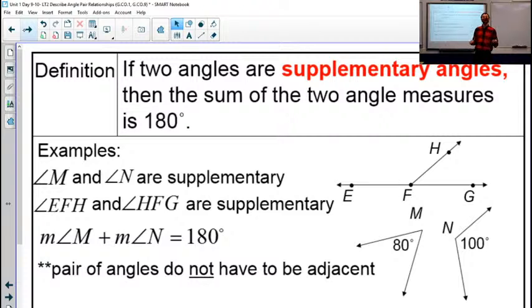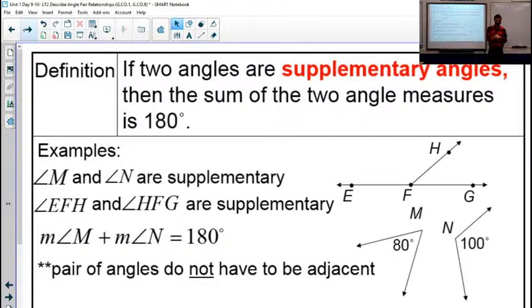This is why I said that we're looking at pairs of angles. Because we already have a word for example, we just said 2 angles add to 90 are complementary. But we already have a word for if an angle is 90 degrees. What's our word for an angle that's 90 degrees?